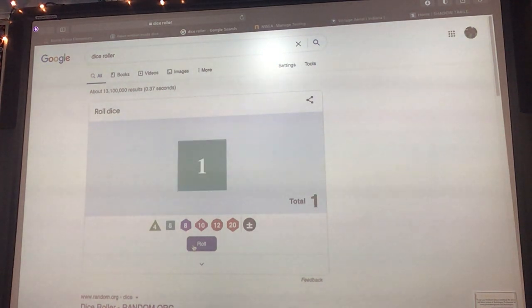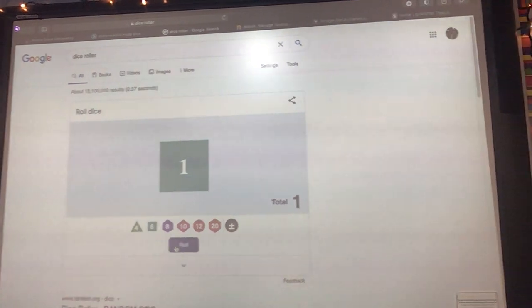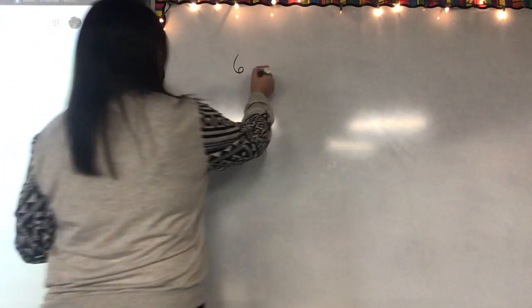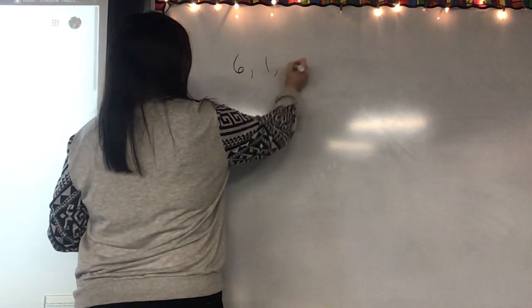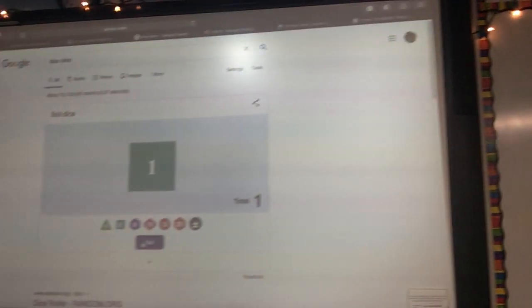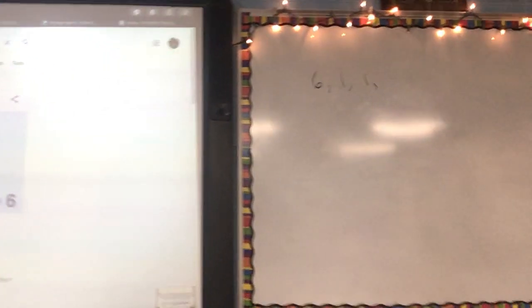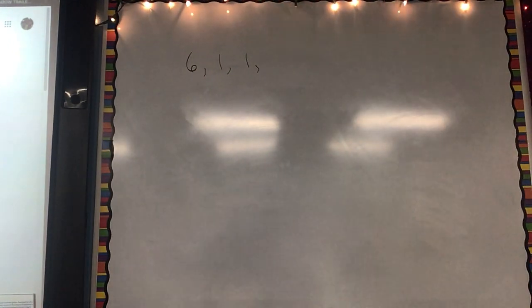We got a 1 and another 1. 2 ones. I need 2 more rolls. I got another 1. Oh my goodness. And a 6. I only got 2 different numbers out of that whole thing.